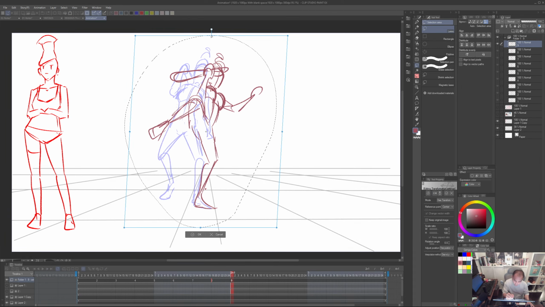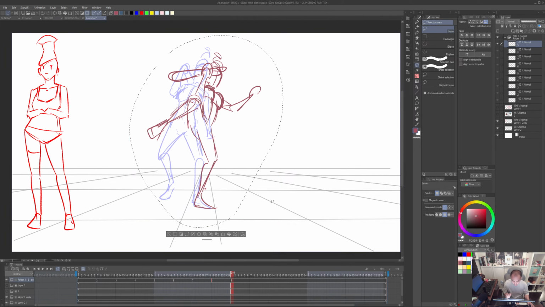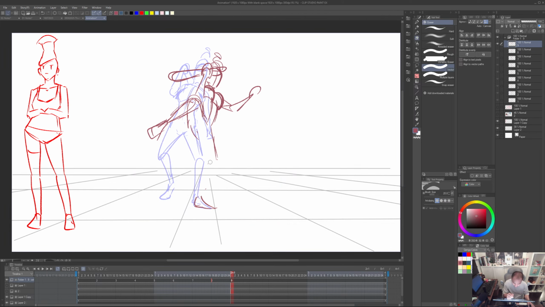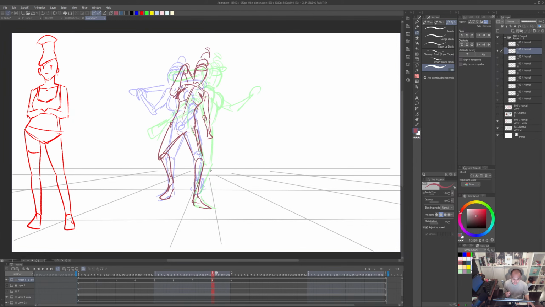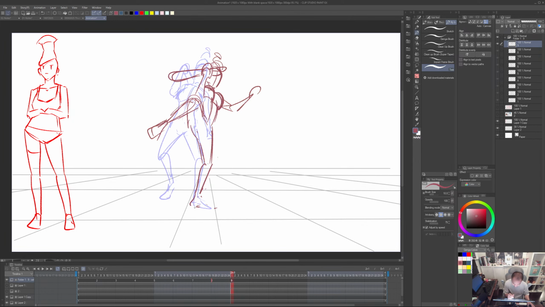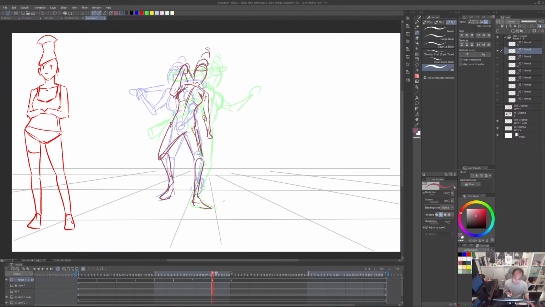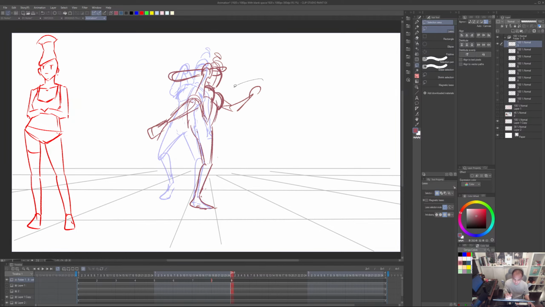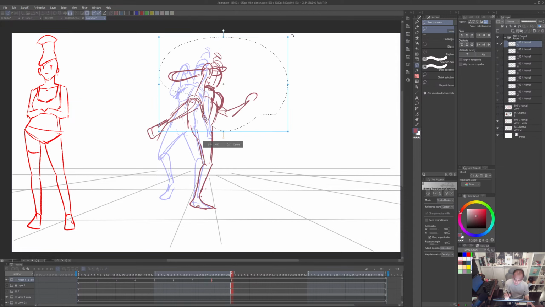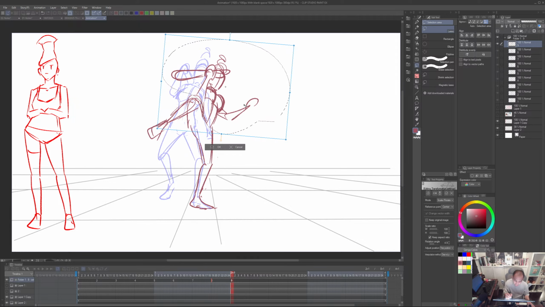Also, don't be afraid to explore non-traditional tools like the move tool and whatnot. It makes your job easier, so don't be afraid, man. You're animating, you should use every tool that you have. Some people say, oh, you shouldn't be doing this, you shouldn't be doing that.